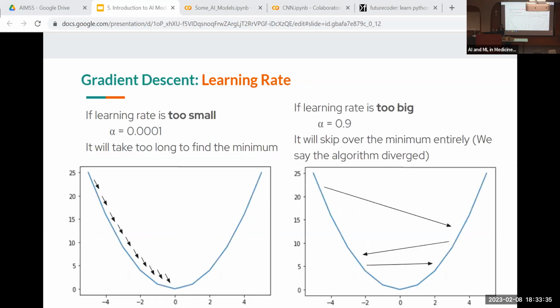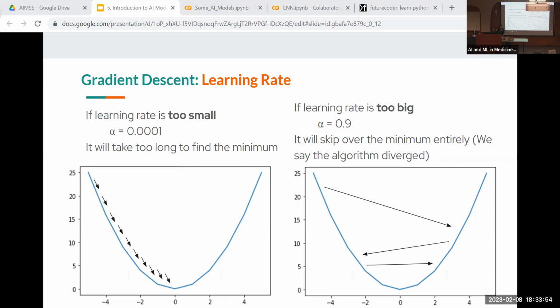So is there a way to solve that? Well, there is a way to solve this problem in the gradient descent algorithm, and that's adapting the learning rate to a value which is best for the problem that we're handling.